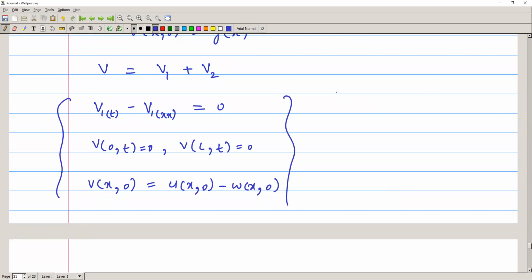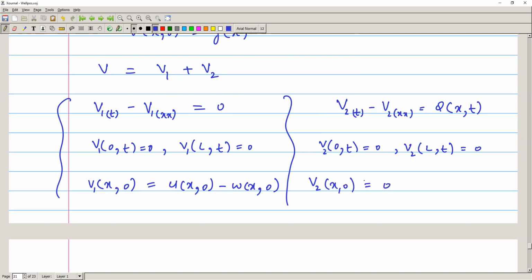All right, this is the first part. And then the second part will be v2 subscript t minus v2_xx equals the non-homogeneous part, that is q(x,t), and the boundary conditions will be 0: v2(0,t) equals 0, v2(L,t) equals 0, and v2(x,0) will be 0, because v2 equals v minus v1.